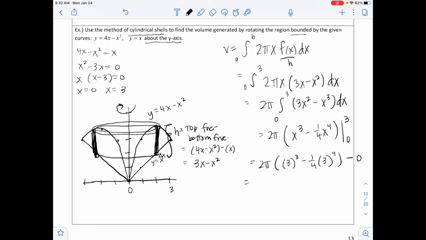And so working this out, we have 2 pi times 27 minus 3 to the 4th, so 81 over 4. You can get a common denominator. You can also use your calculator as an aid, but your final answer should be 27 pi over 2.